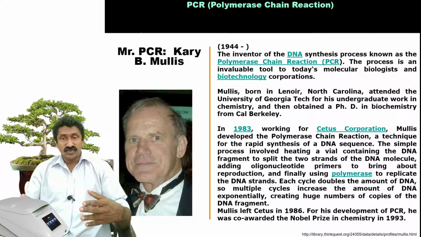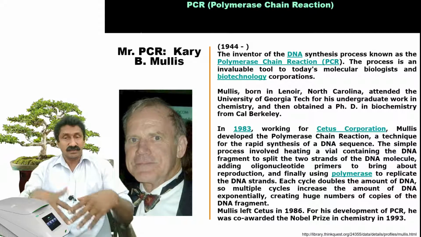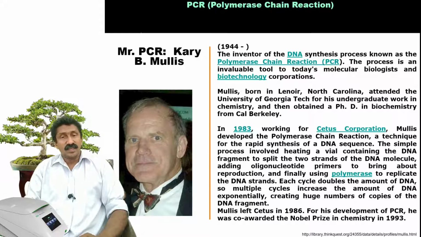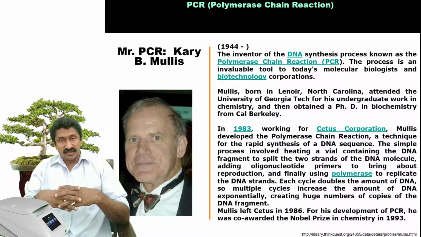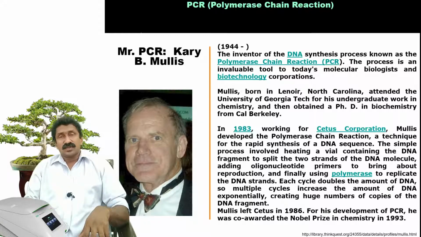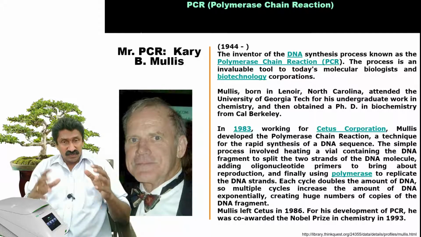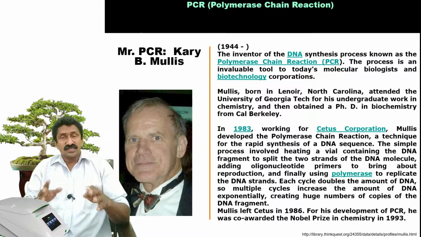So 1 becomes 2, 2 becomes 4, 4 becomes 8, something like that. So there is an exponential increase in the number of strands while we are using the polymerase chain reaction. Multiple cycles increase the amount of DNA exponentially, creating a huge number of copies of the DNA fragment.